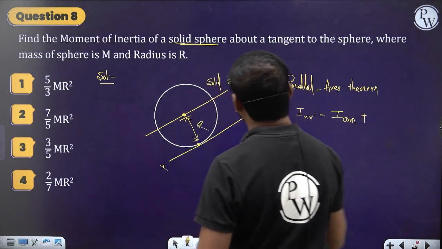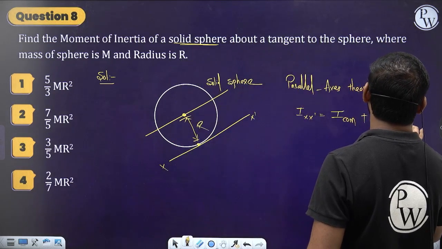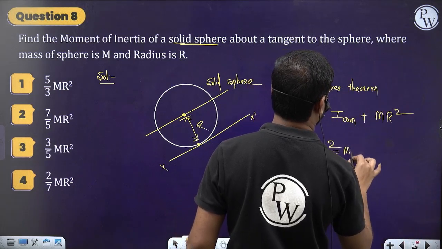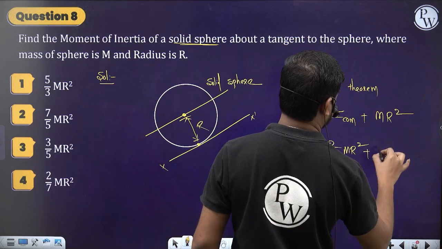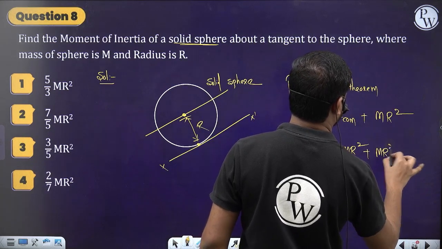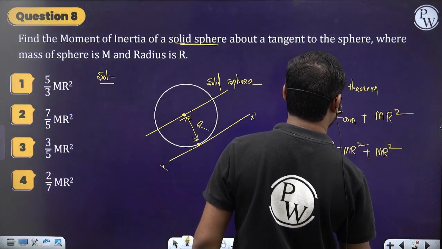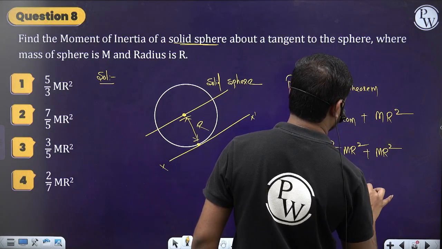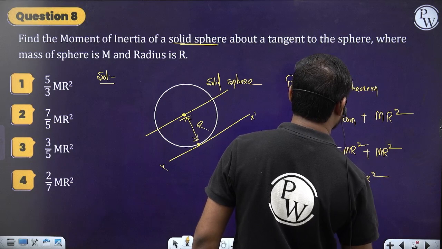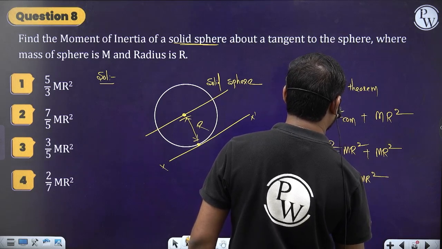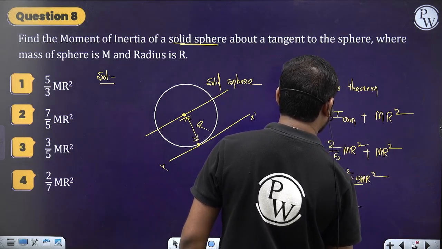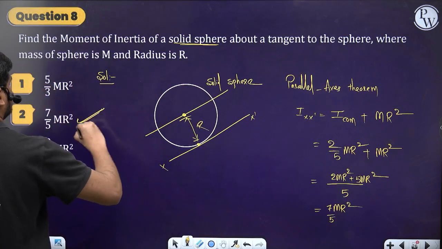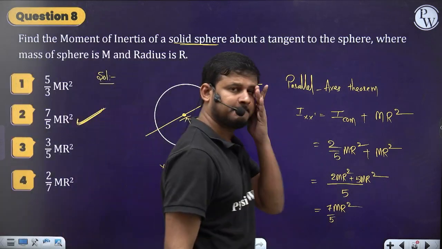So this is 2 by 5 mr square for the solid sphere plus mr square. Taking 5 as the LCM, 2 mr square plus 5 mr square, which is 7 mr square by 5, or 7 by 5 mr square. Option 2 is the correct one.